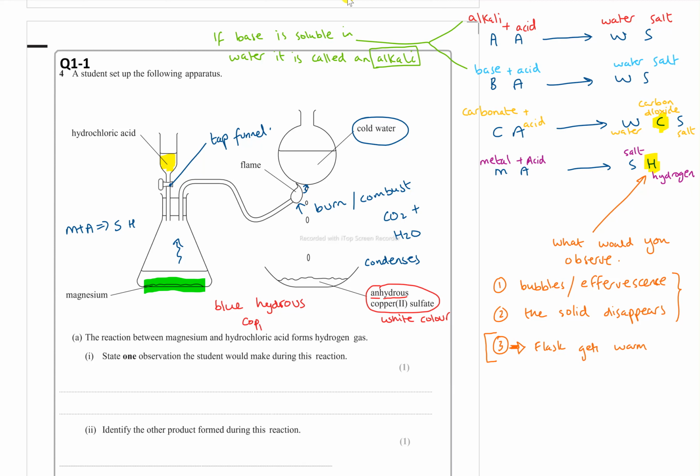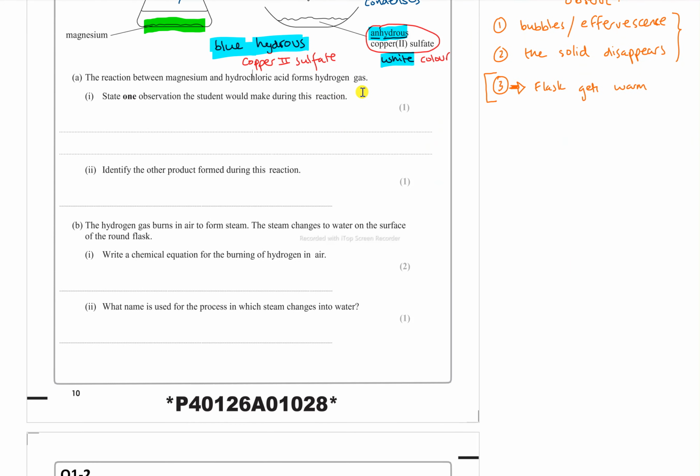Copper 2 sulfate. So remember, just bear this in mind, it's gone from anhydrous white to blue hydrous copper 2 sulfate. So now hopefully you'll understand what's going on here. Okay, let's go.